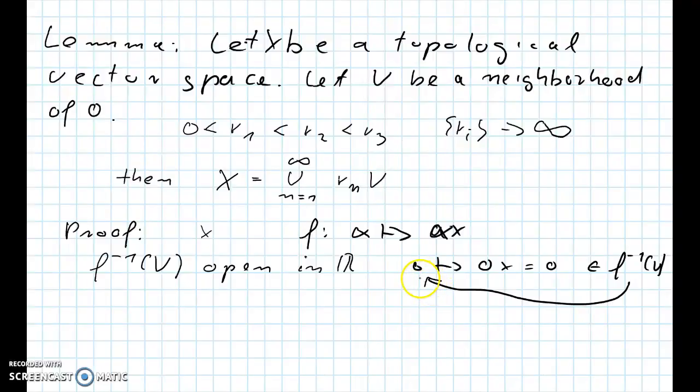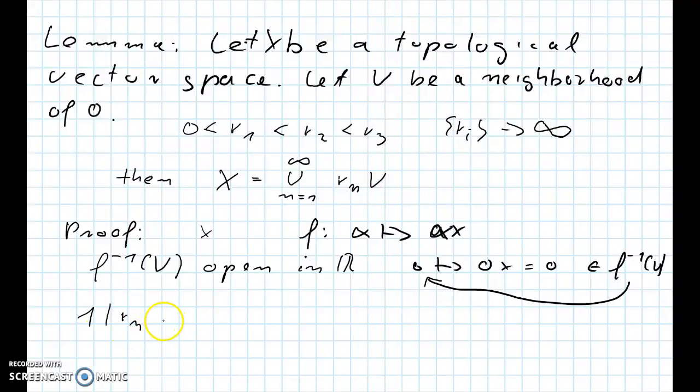And now look, the pre-image of V is open and it contains 0. So if you pick a small enough ball around 0, the image of this small ball will still be in V. So one way to write this down is 1 over r_n. This r_n comes from the sequence of numbers r that we defined in the statement of the theorem.